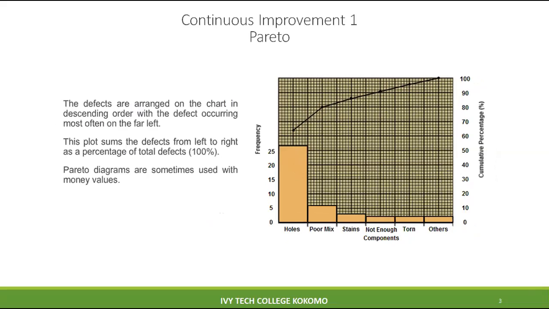They are arranged in order from most frequent defect to least frequent defect, from left to right. And your percentage of defect increases as you go, because once you are at your last category of defect, you should have reached 100% of your data.